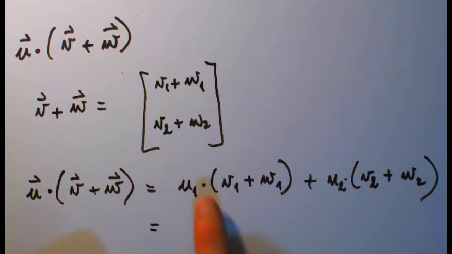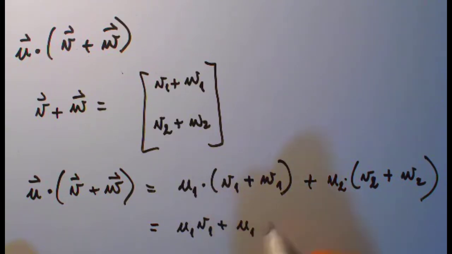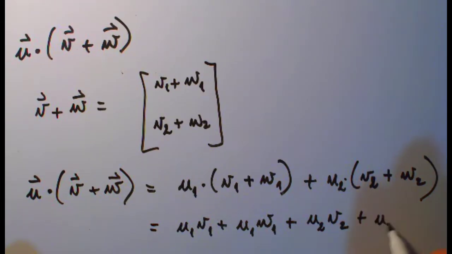And so in this representation of the dot product between U and V plus W, these are to remind everybody that they are just the usual multiplications. And so we can just distribute each one of these terms. So now in the next line we have U1 times V1 plus U1 times W1, plus, in the next term after the distributive law, U2 times V2 plus U2 times W2.